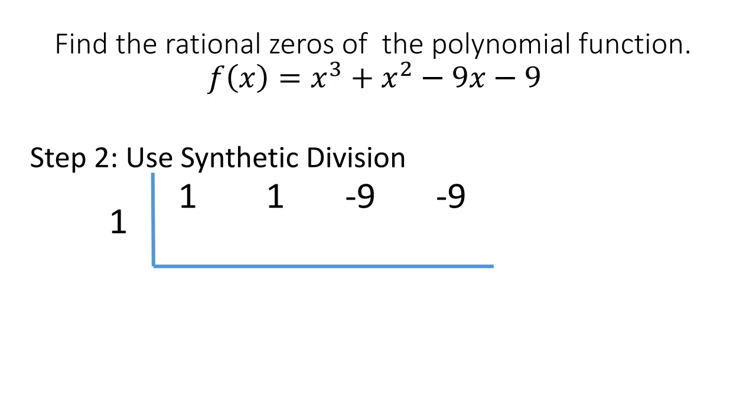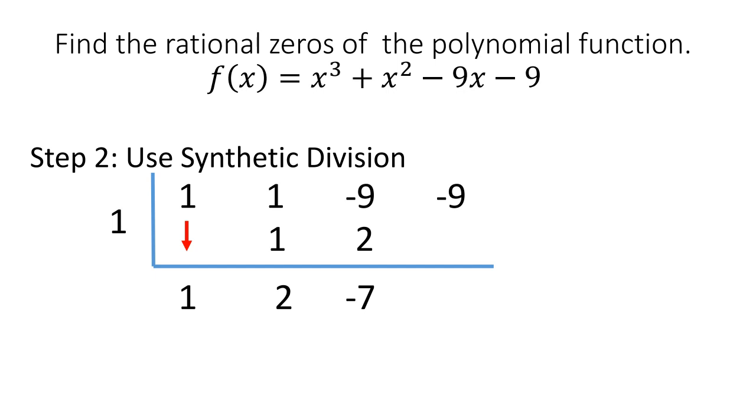So the way I do synthetic division, the first thing I do is I bring down my 1, and I'm going to multiply this 1 times 1. So 1 times 1 is 1, and then I'm going to add these two terms. 1 plus 1 is 2. Then I do it again. 1 times 2 is 2, and then I'm going to add these two terms. -9 plus 2 is -7.